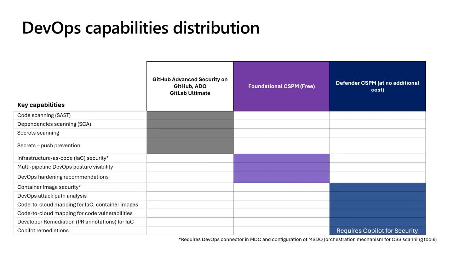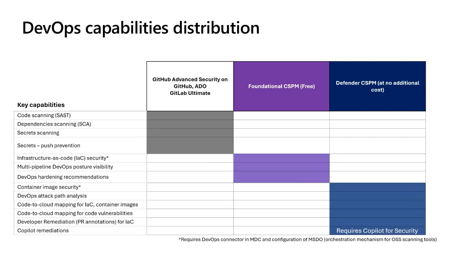Now, if you have Defender for CSPM enabled anywhere within your tenant where you created your DevOps security connector, you'll receive all of these capabilities as well at no additional cost, including your container image security, doing the mapping of container images from the image and registry back to the pipeline that first built and pushed the image, the DevOps attack path analysis that Lara demoed earlier, your developer remediation capabilities like pull request annotations for infrastructure as code findings.